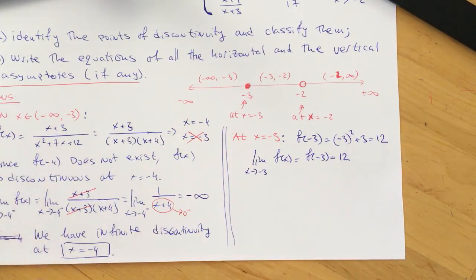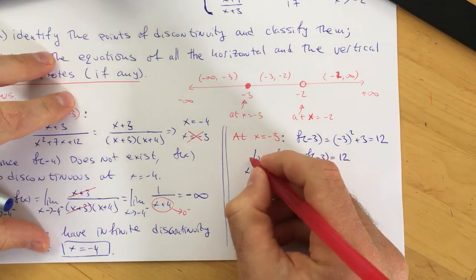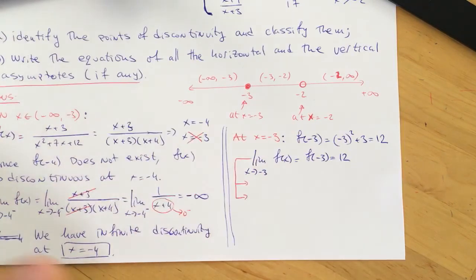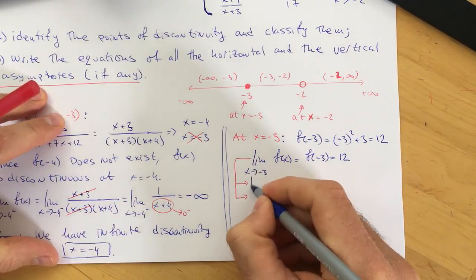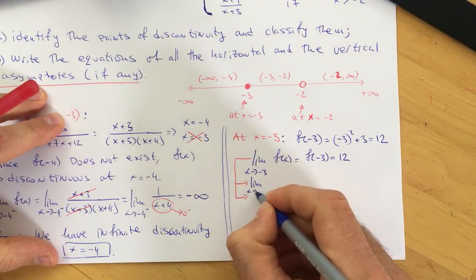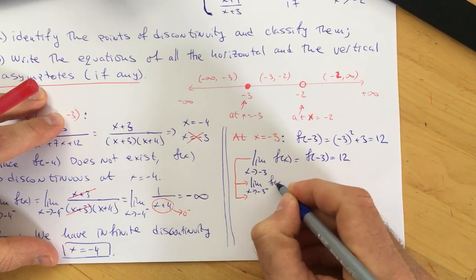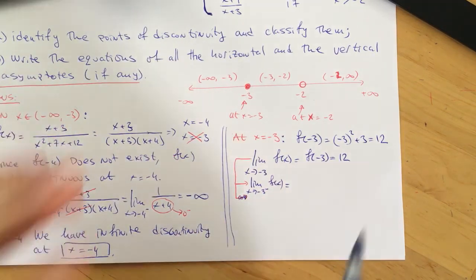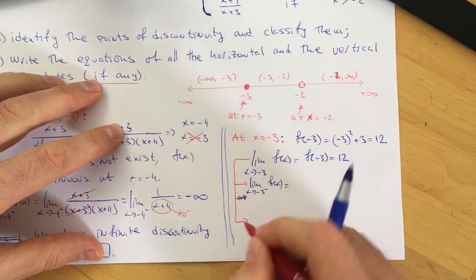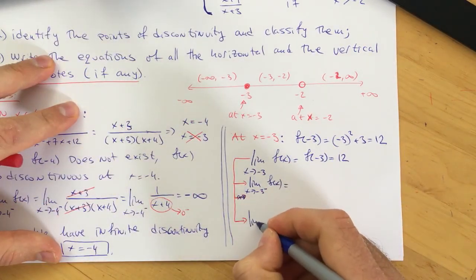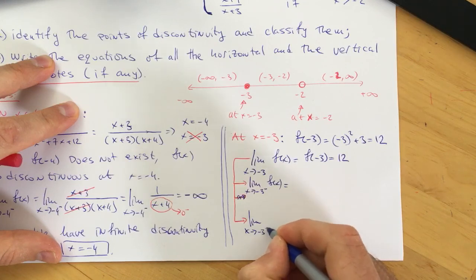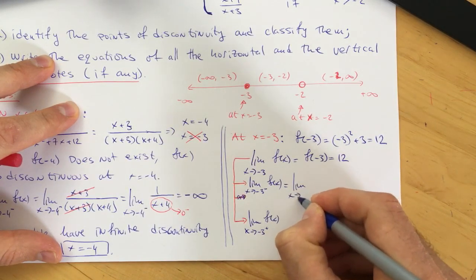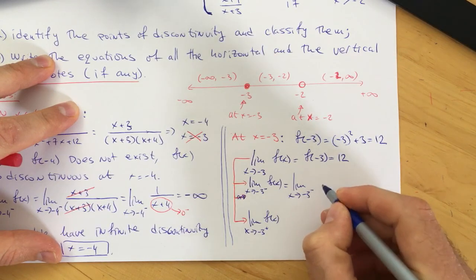But now this limit here exists when both one-sided limits are equal. Okay, so in order for this limit to exist, I need the limit as x approaches negative 3 from the left of f of x to be equal to the limit as x approaches negative 3 from the right of f of x. So this is the limit as x approaches negative 3 from the left.